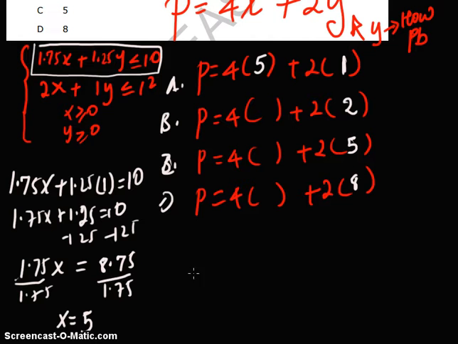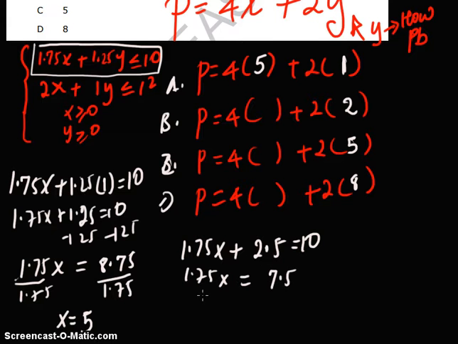Now we're going to do the same thing with this one. 1.75X plus 1.25 times 2, which is 2.5, equals 10. Then 1.75X equals 7.5, because I take away 2.5 from both sides.